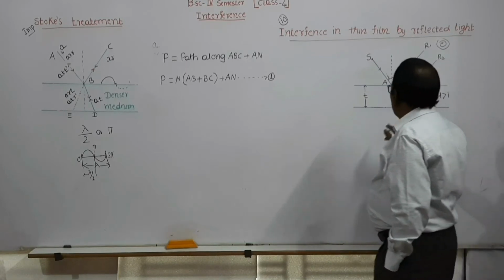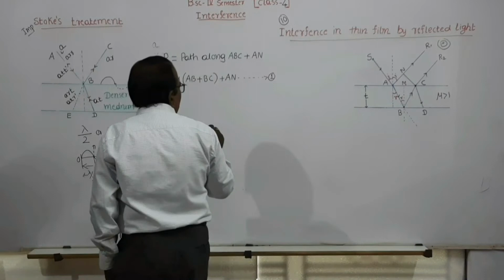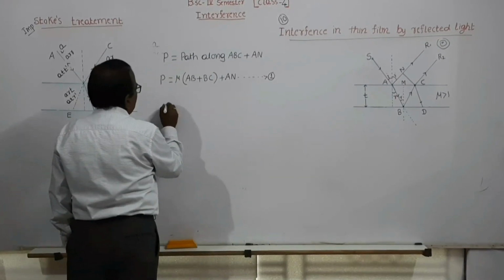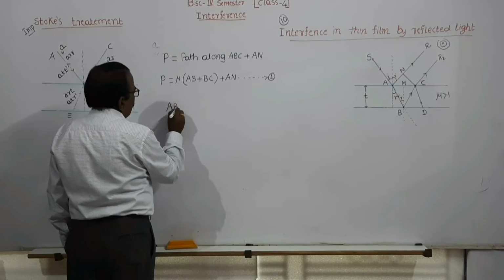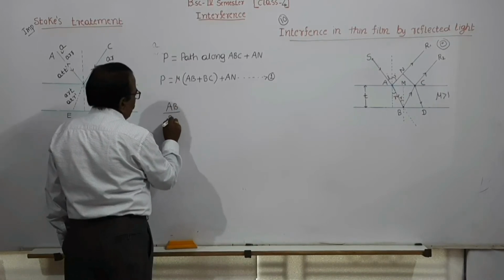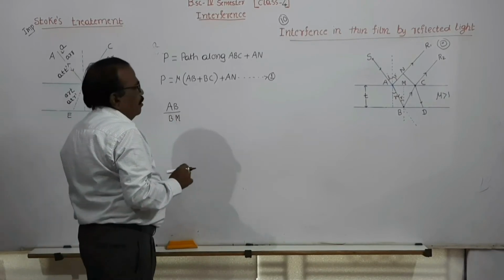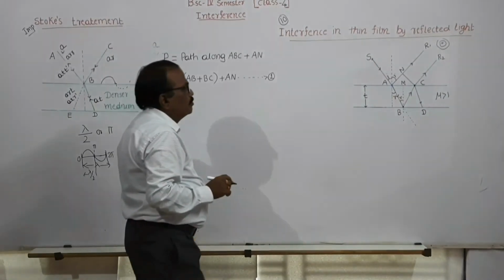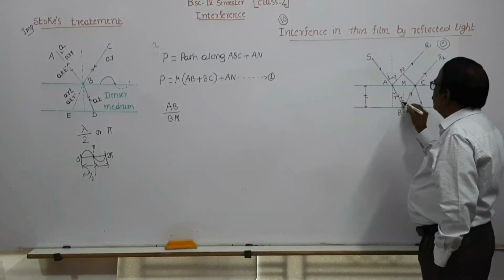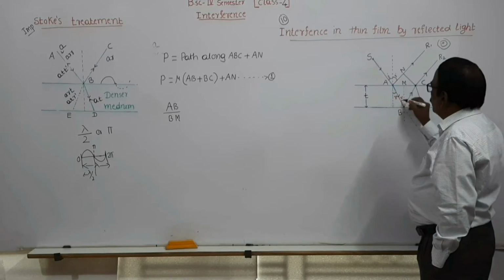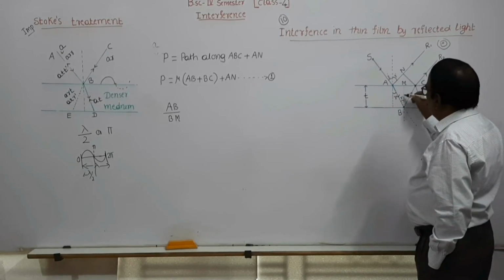See, from the figure, AB upon BM. If this is R, this is the hypotenuse side, and this is the adjacent side.